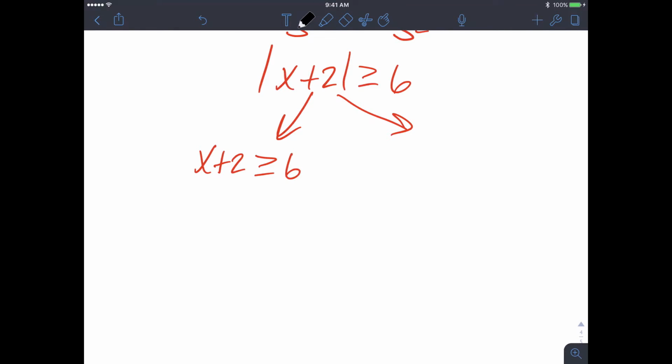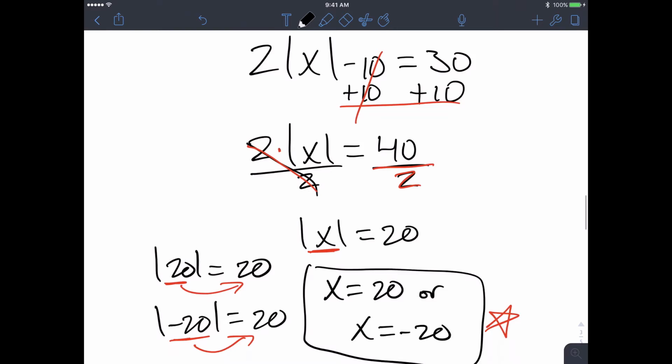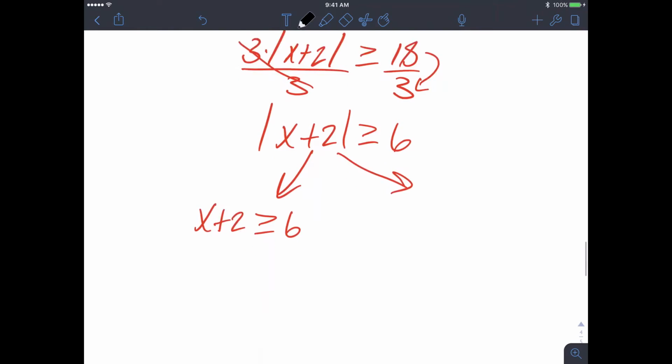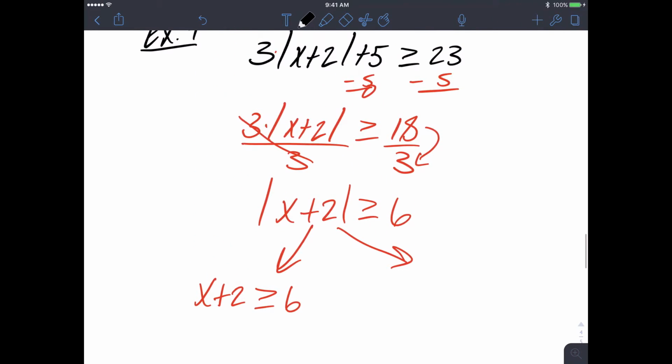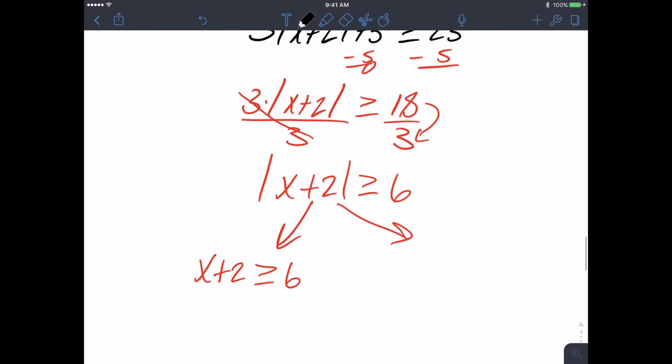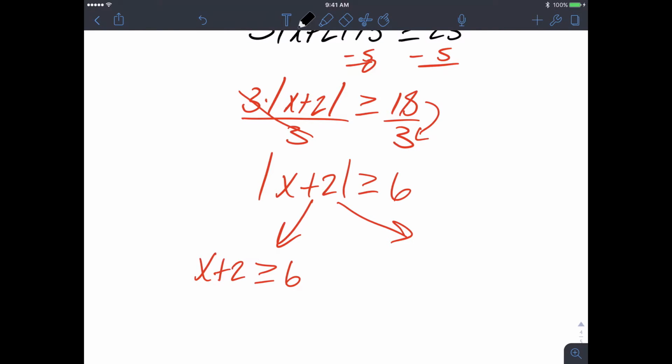So just as before, remember when we used to flip the sign, we broke it up into 2 pieces, like this example here? We broke it up here and here. Anytime you have an inequality, remember that when you divide or multiply by a negative, you have to flip the sign. Well, what we're doing actually is we're breaking it up into two, and one of them we take the same. So x plus 2, this one here, looks identical to this one, except it doesn't have the absolute value bars on it, right?